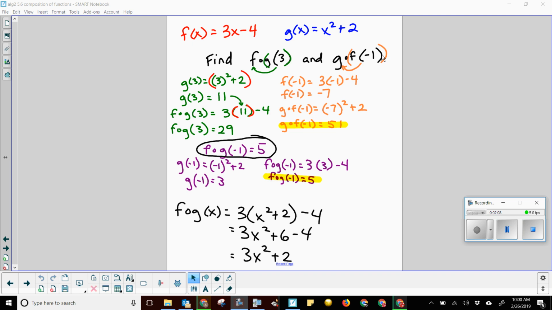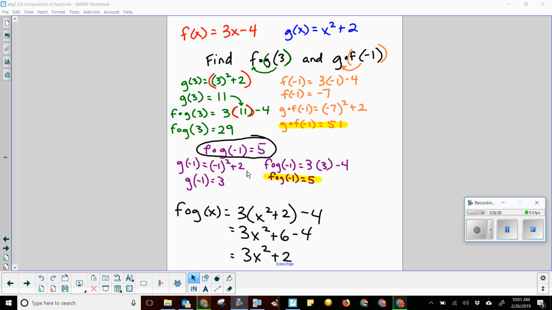G of f of negative 1 means now we're going to plug in negative 1 here into f and get negative 7. Negative 7 will then be plugged into g, and we calculate that way. If I did f of g of negative 1, so I'm using the same input, but instead of g of f, I'm doing f of g, we definitely get something different because now we start with g.